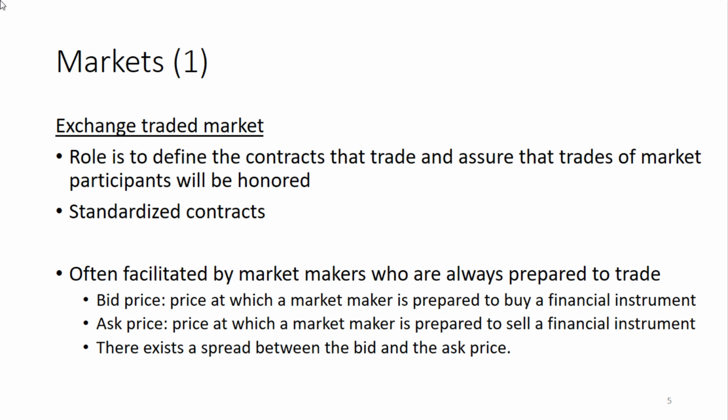Then at the same time, the market maker is also prepared to sell a financial instrument. It will quote a different price for that, and we call that the ask price. And obviously, the market maker is prepared to sell a financial instrument at a high price.